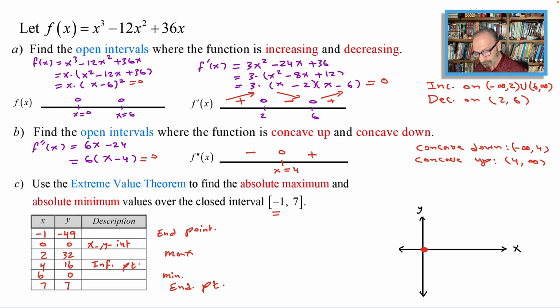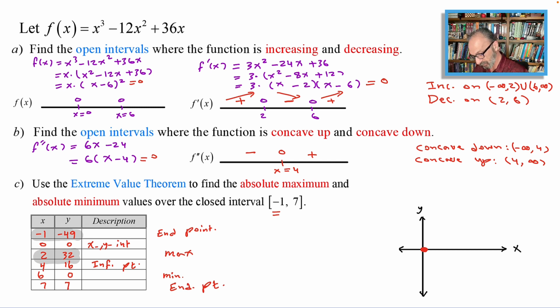Now, comparing the values, we have the following. This right here is the absolute max, and this right here will be the absolute min. That's for part C. To do a quick sketch, I have by hand the following.